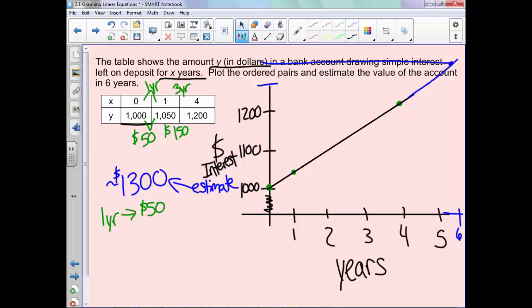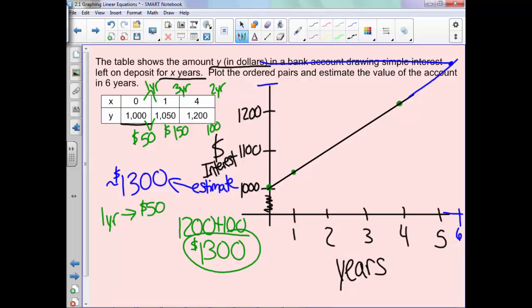So if we're going to 6 years, that means from 4 we increase 2 years, which means we'll increase $100. So that means we should increase 100 more than that 1,200, which gives us our 1,300. So that's just a way to be more exact with it.